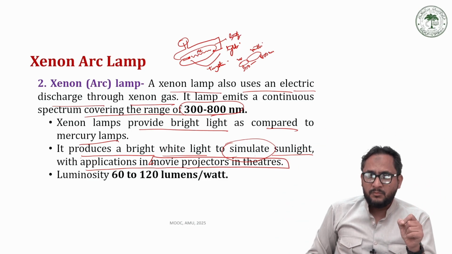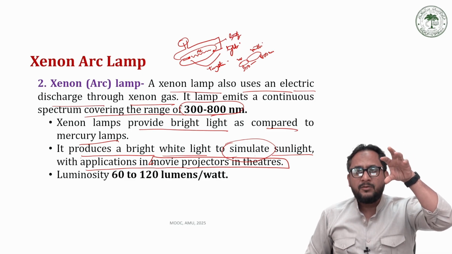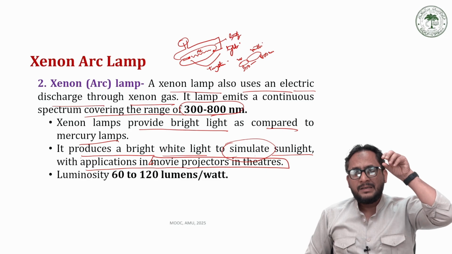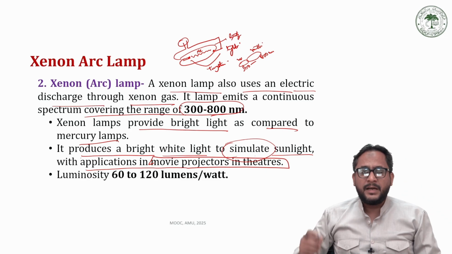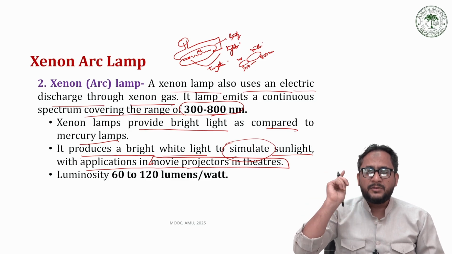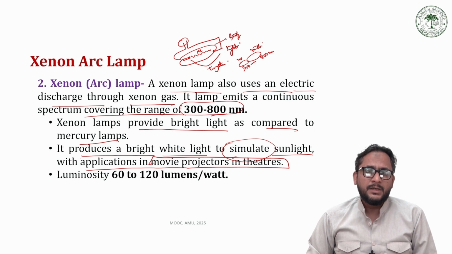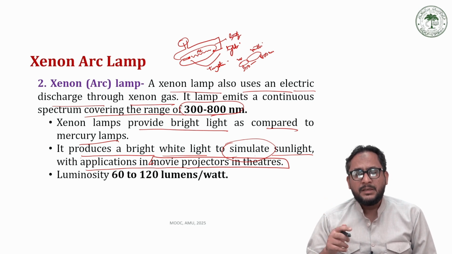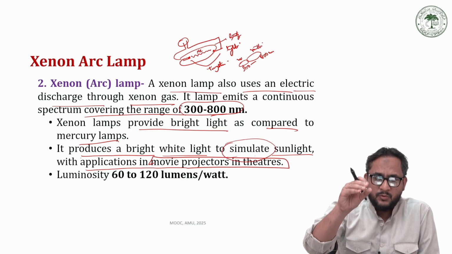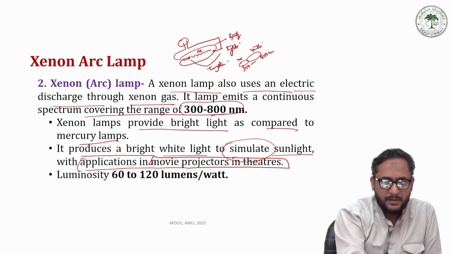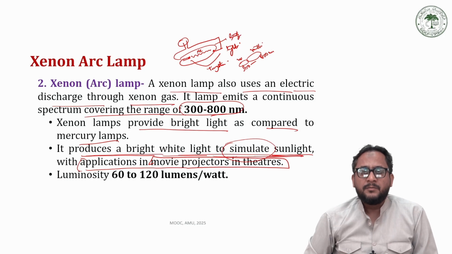If you look back, there are two holes on the wall opposite the screen, through which light is passed and focused upon the screen. The light used in movie theaters comes from a xenon lamp, that is bright white light.